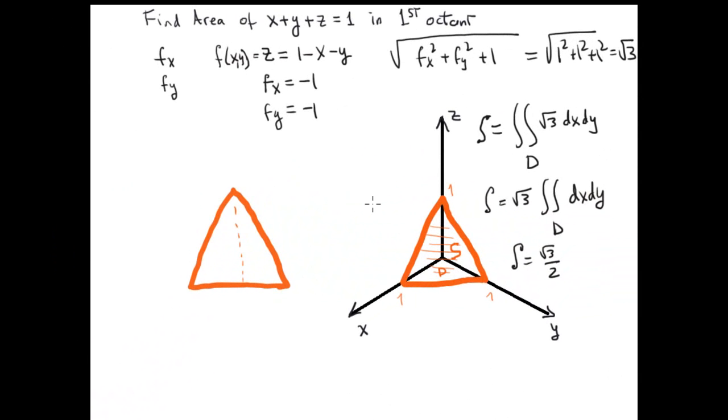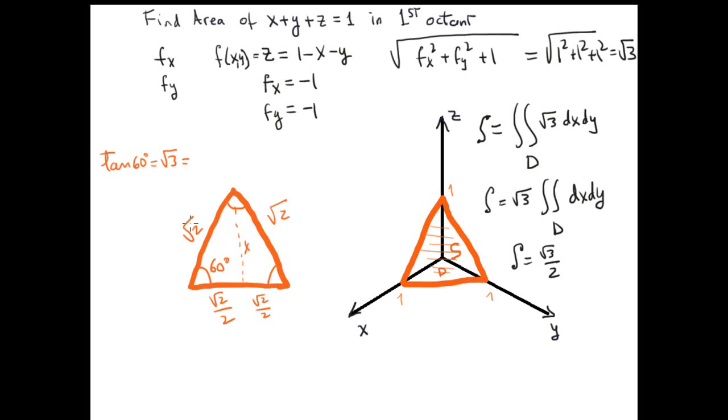Okay, let's verify this answer using geometry. This is an equilateral triangle, with 60 degrees, 60 degrees, 60 degrees. Each side is radical 2, so half of the base is radical 2 over 2. To find the height, which I call x, you apply the tangent of 60 degrees, which is radical 3.